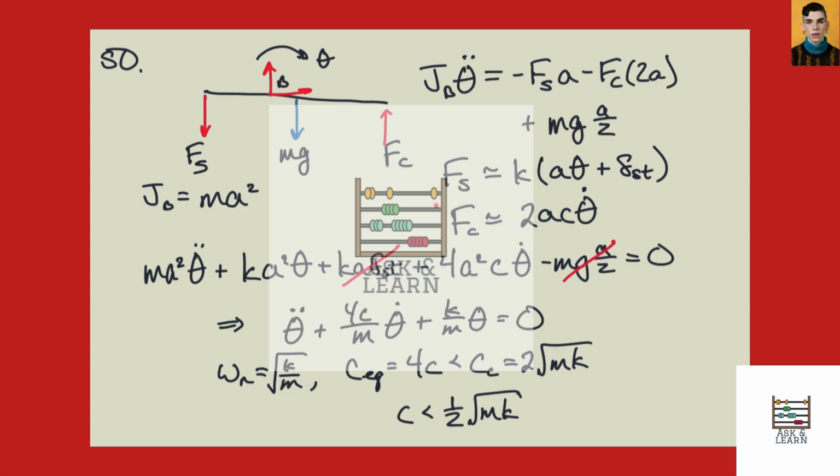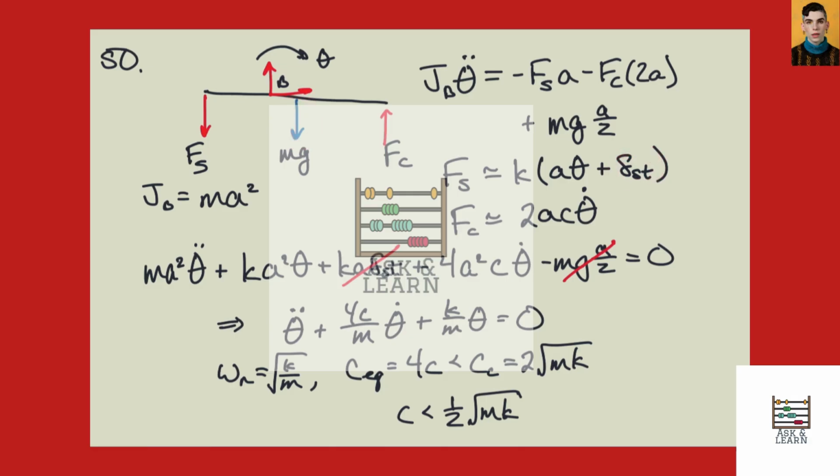Now for the spring force, again, I'm assuming angles are small here, so the change of length, the displacement of this point, is roughly a theta, if theta is small. And we also knew that we had some static deflection or static deformation in the spring because of gravity.